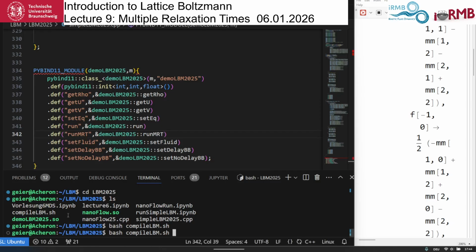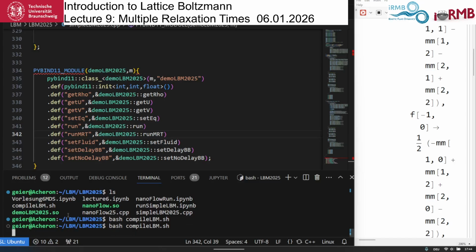So I still have this bash compile. You know, when we are recording stuff, then this takes an amazing amount of time.